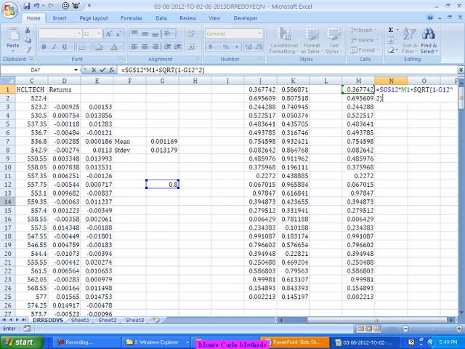Instead of directly taking 1 minus correlation, all I am doing is taking the square root of 1 minus correlation squared.